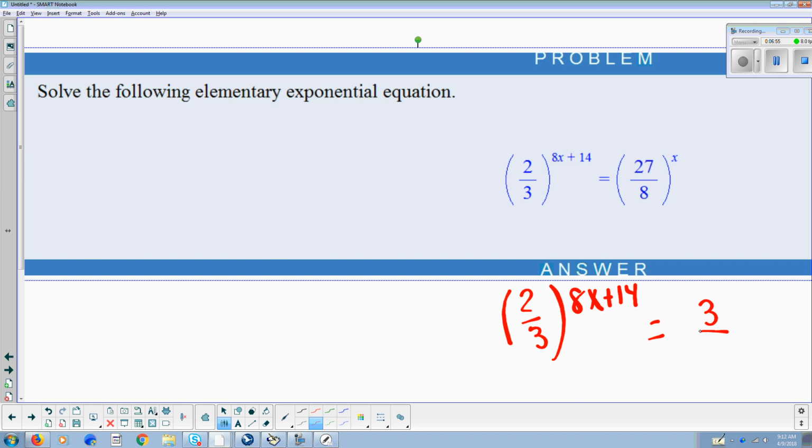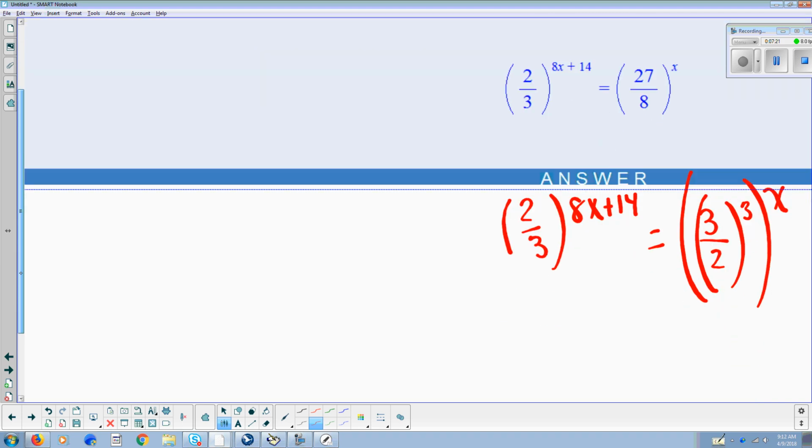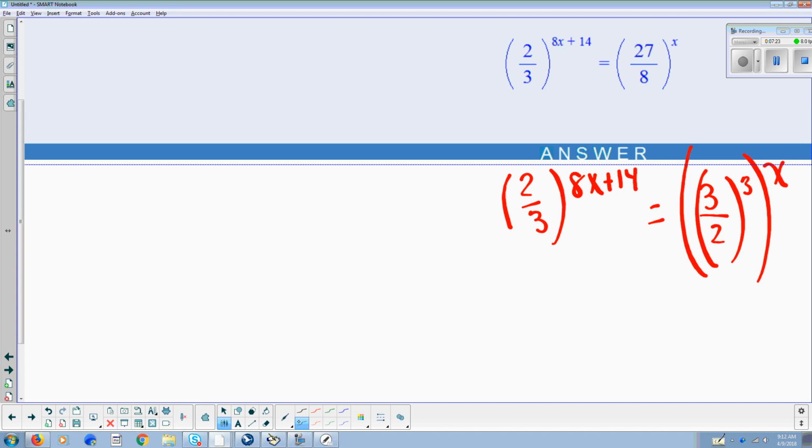I rewrote 27 over 8 as 3/2 to the third power, because 3 cubed is 27 and 2 cubed is 8. Now that is also all raised to the x. When we have powers of powers, we multiply exponents. So this would be 3/2 raised to the 3x power.